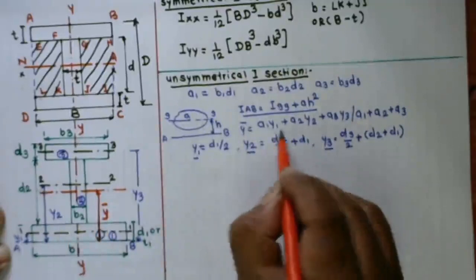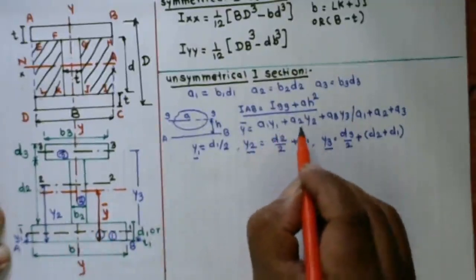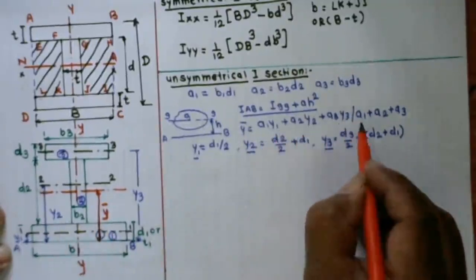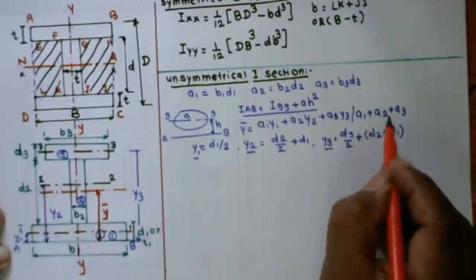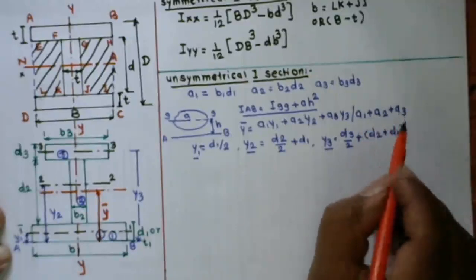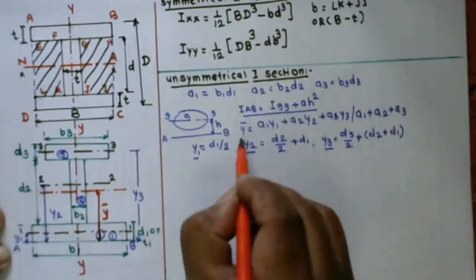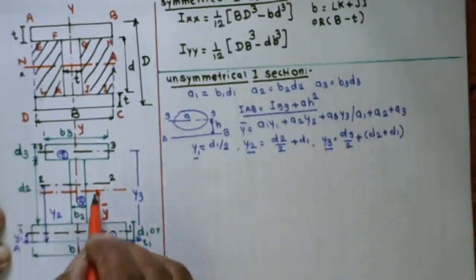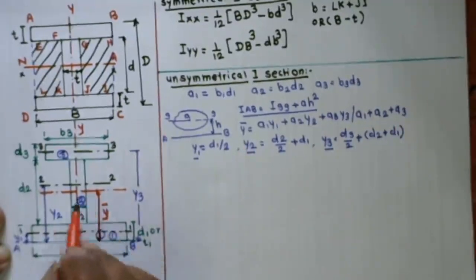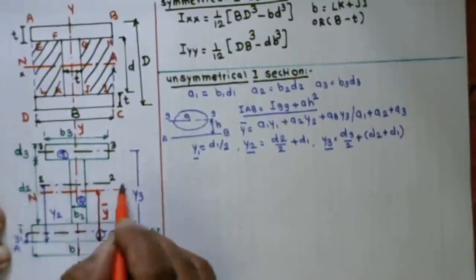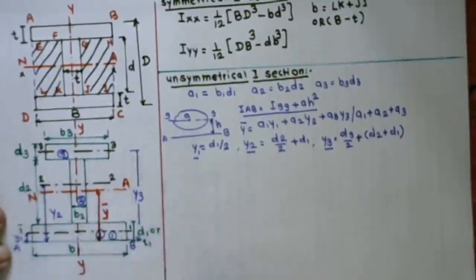With the help of the formula a1y1 plus a2y2 plus a3y3 divided by the summation of all the areas, we can calculate this distance y bar. We mark this distance, and that is our centroidal axis or neutral axis for the unsymmetrical section.